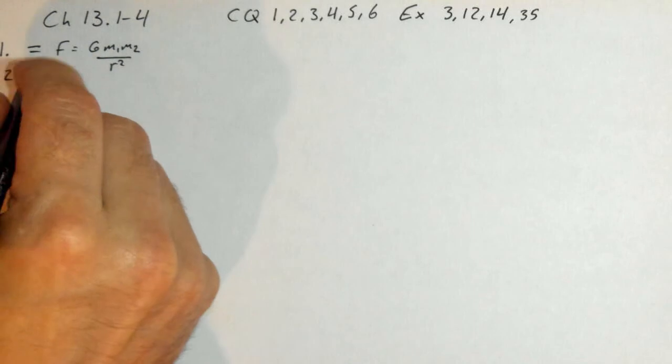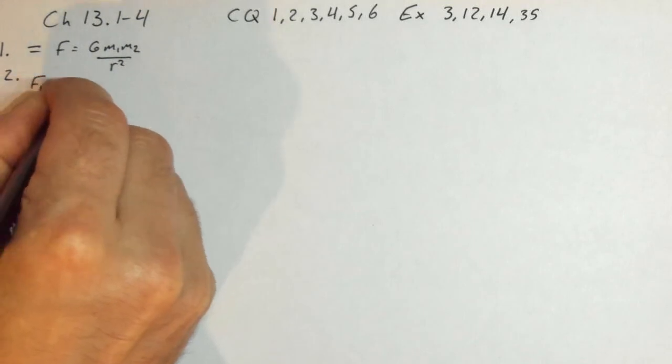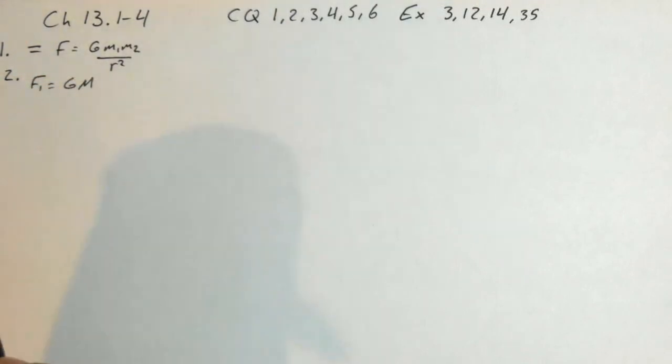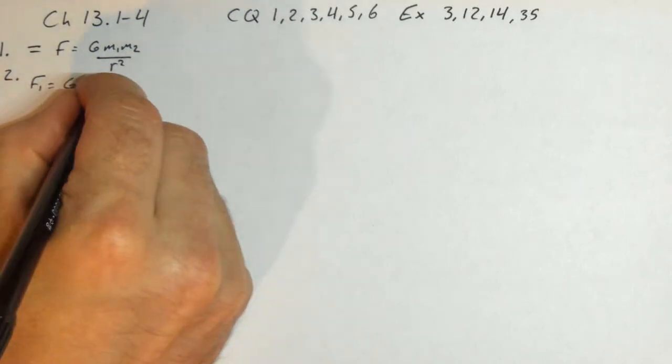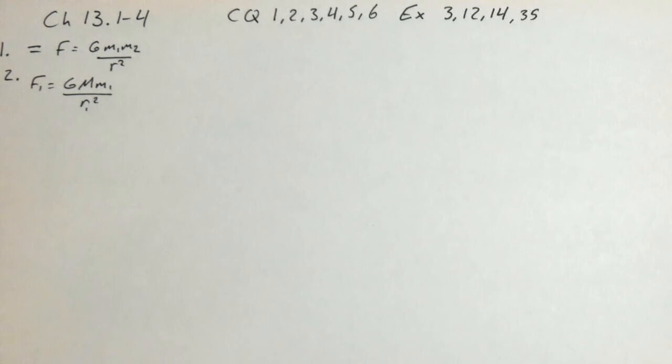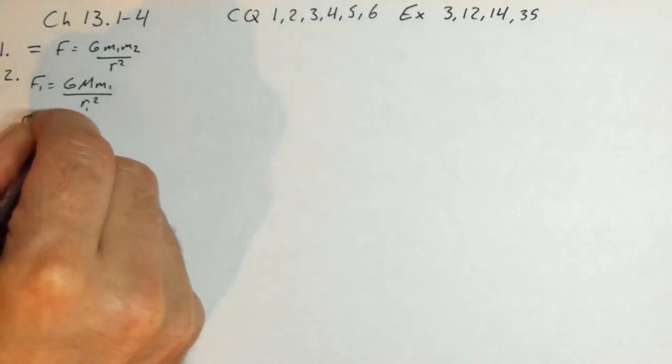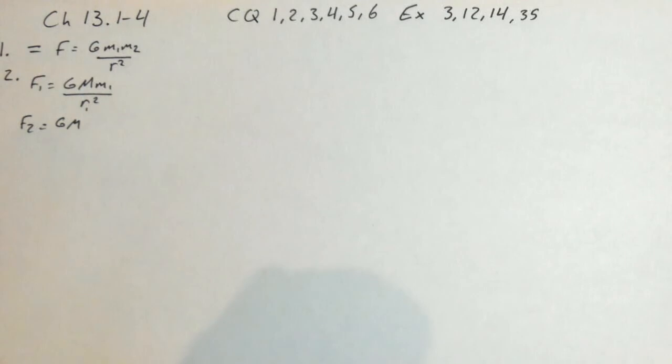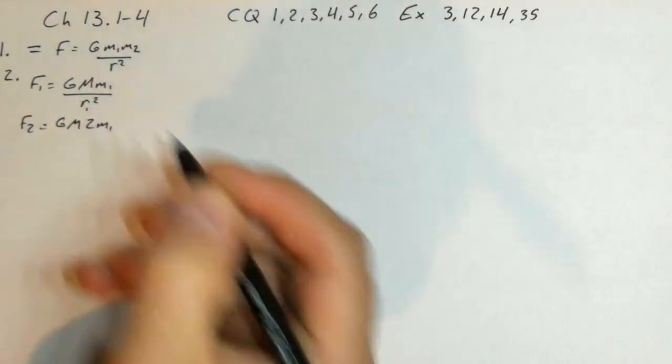Okay, we apply this, call F1 equals G, I'll put big M for the mass of the star, and then little m1 over r1 squared for the mass of the orbiting planet and the radius of that orbit. Then F2 would be G, big M, that doesn't change, but its mass is twice as big, so it's 2m1.